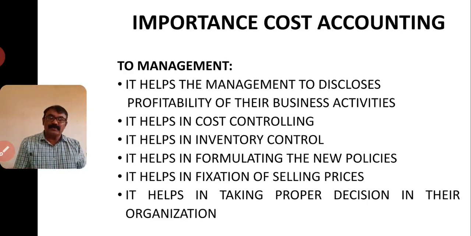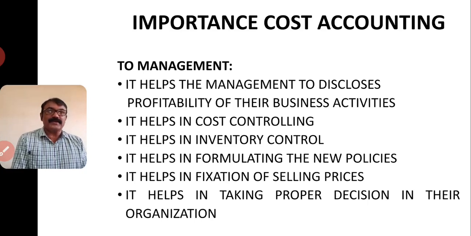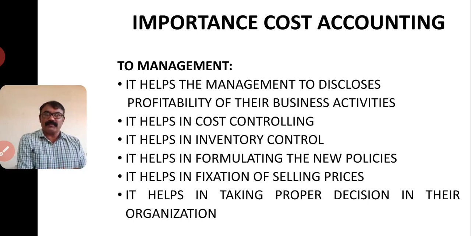By seeing all the data on which departments are making a profit and which are making a loss, management comes to know that a particular department is in loss. By disclosing this, they can take corrective measures to make a profit in the future.